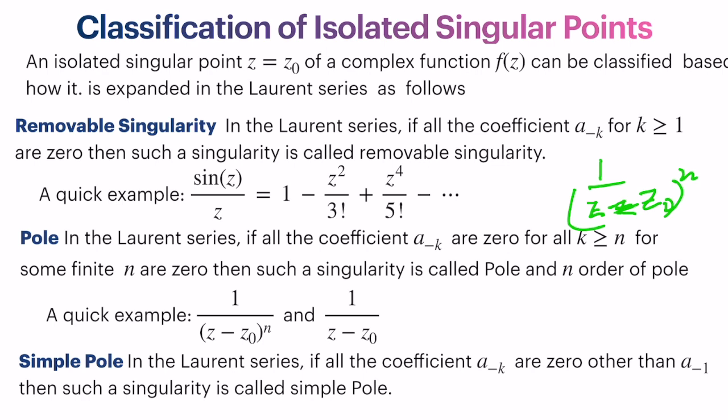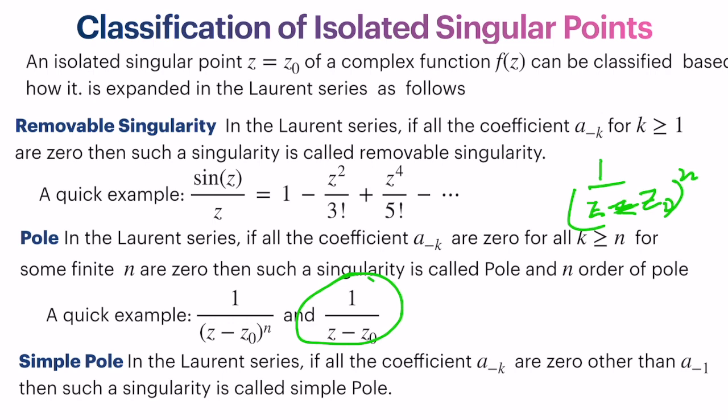Another important kind of pole, which we come across very regularly in contour integrals, is a simple pole. In the Laurent series of a simple pole, all the coefficients a minus k are 0 other than a minus 1. That is, you have a function of this type, 1 by (z minus z naught), because a minus 1 is not 0.